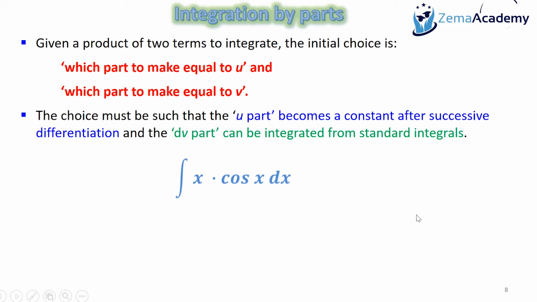Yes. X. Yes. Why? Or is it just because it's the first one? Yes. It's not because it's the first one, because it will become a constant after differentiating. So if I take u equals x, then du by dx will be 1.